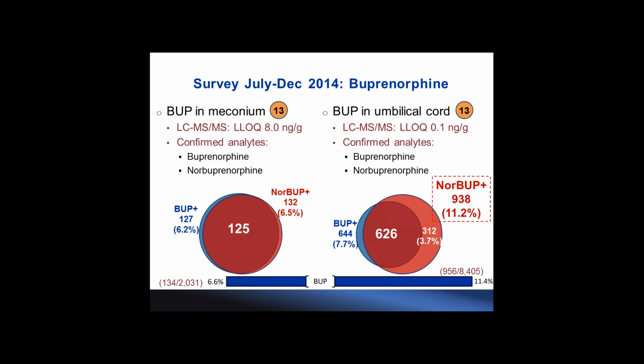Next most prevalent opioid is buprenorphine. We test both the parent drug and the metabolite norbuprenorphine. And once again, the umbilical cord could get a bit more positive cases, and those come from the cases with norbuprenorphine only.